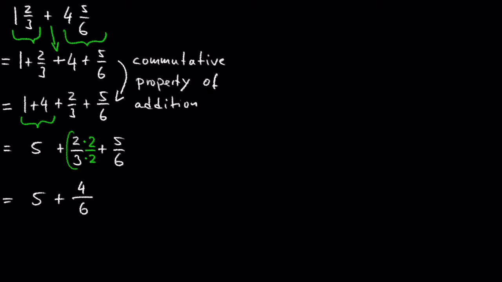So 2 over 3 is the same as 4 over 6. Now that we have the same denominators, we can add our fractions 4 over 6 and 5 over 6 together, which gives us 9 over 6.